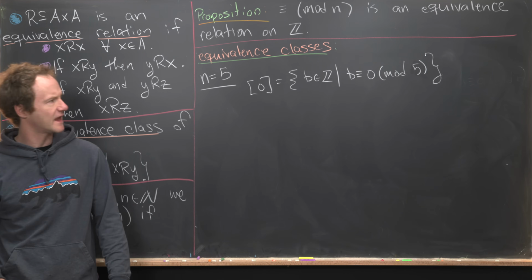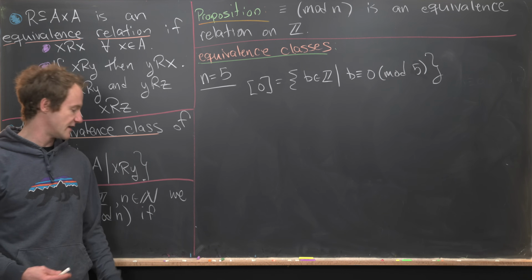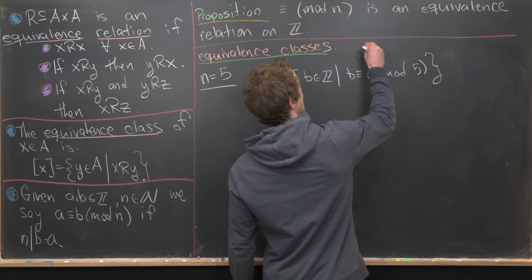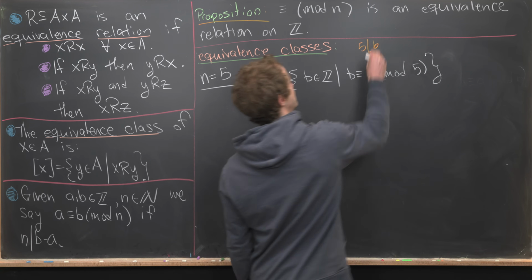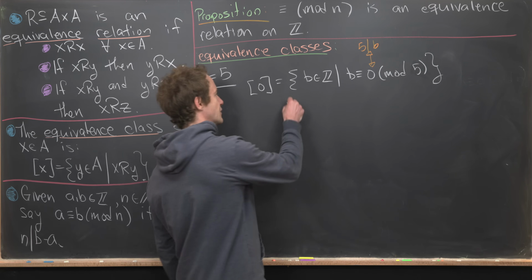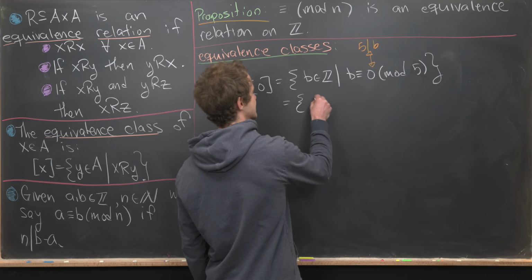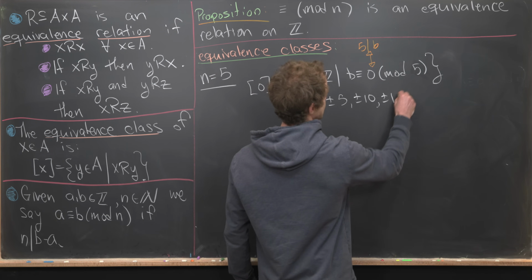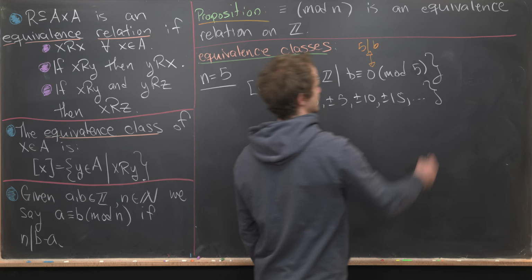Okay, well, what things are congruent to 0 mod 5? Well, let's recall by the definition, that means that 5 divides b. So this is going to be all multiples of 5. So we could write this out as a list like this: 0, plus or minus 5, plus or minus 10, plus or minus 15, and so on and so forth like that.